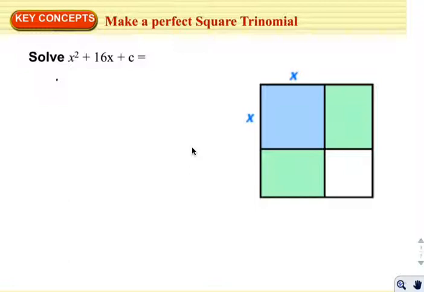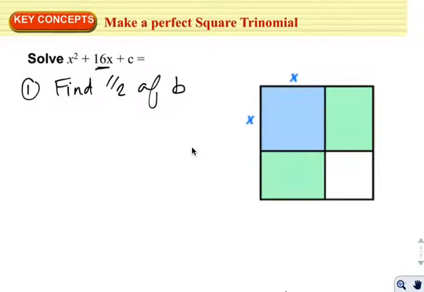So now I'm going to show you how to actually complete the square so that we can factor a trinomial. So the first step is going to be to find 1/2 of the b, or the coefficient of the x value. In this equation above, my b is actually 16, right? Because when you have a quadratic, it's ax squared plus bx plus c. So whatever that b is, I'm going to find 1/2 of it.